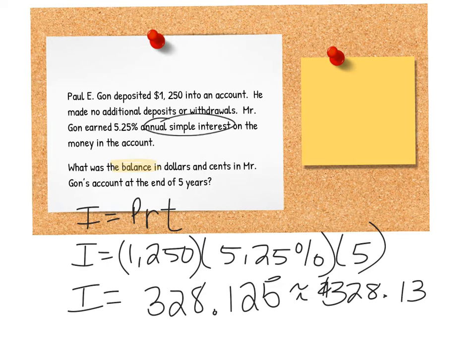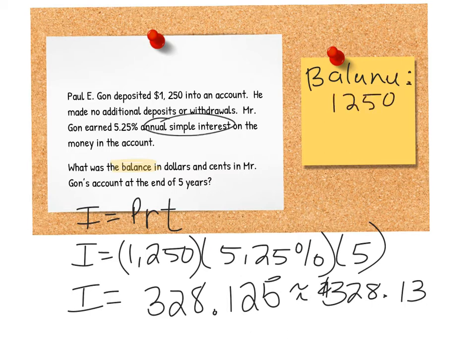So, is that the balance I have in my account? Well, I hope not, because I started with 1,250 and I'm supposed to be earning money. I sure hope I don't only have $300 in there. This wants my balance. So my balance is what I started with. I still have this. Nothing happened to it.